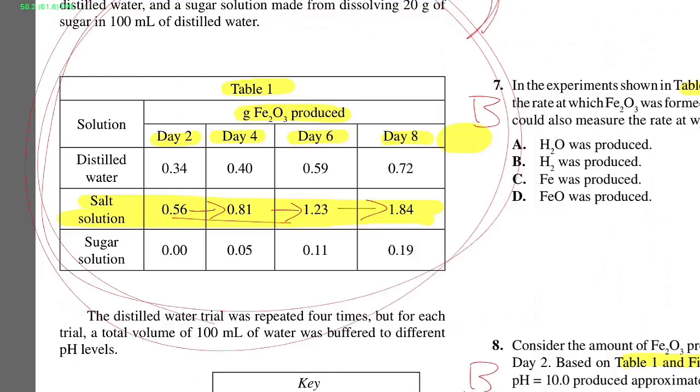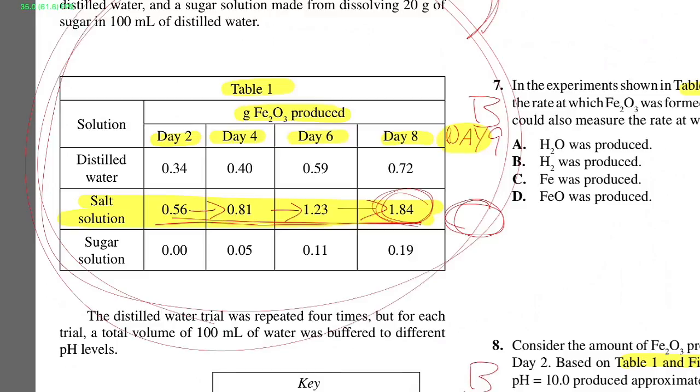I can see there's a very clear pattern here that the amount of rust increases every day. So the longer the period of time, the more rust is produced. And so I can definitely deduce that on day 9, there would be more than 1.84.